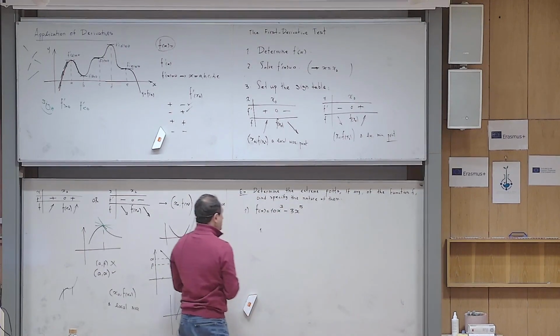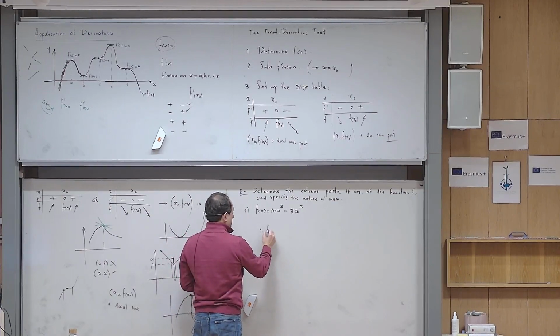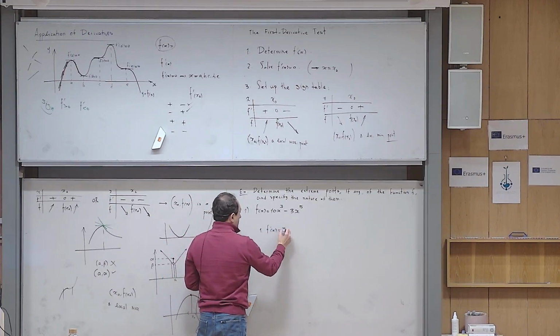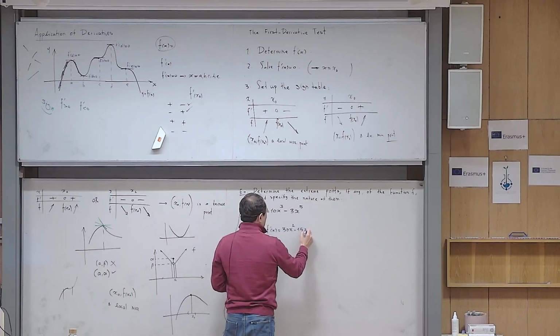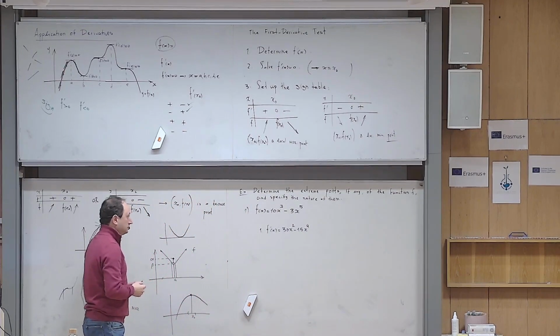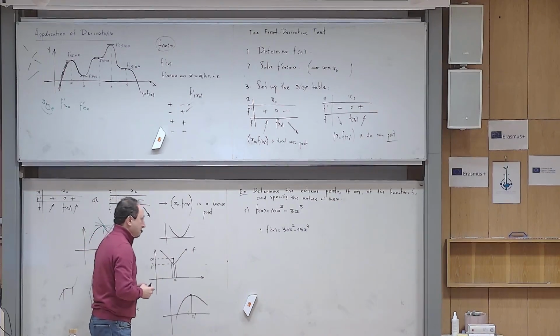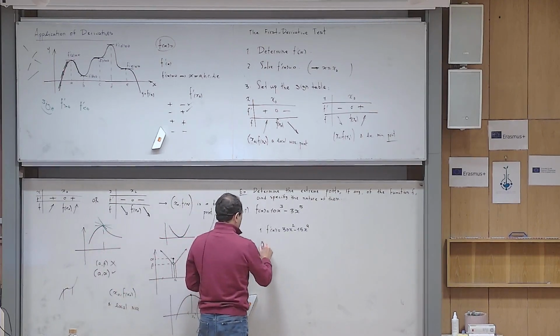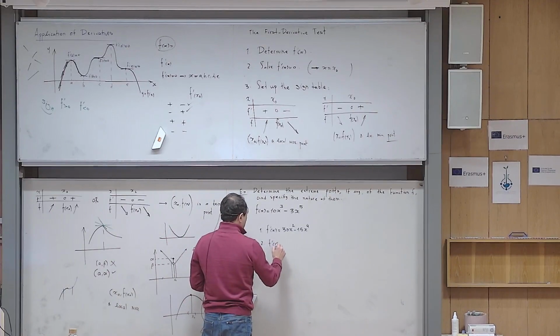Okay, so the first step is to take the derivative, which is 30x squared minus 15x to the power of 4. The second step is to put it equal to 0 and solve it.